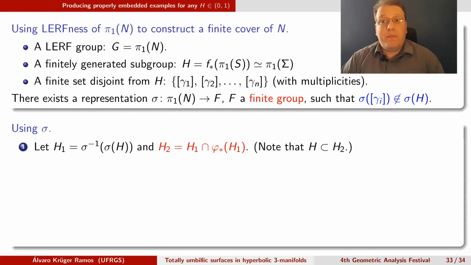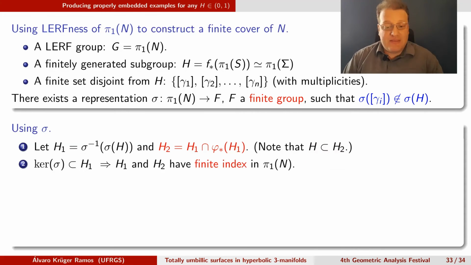Basically that's it. Now we make the intersection of this subgroup with the reflection of this subgroup by the isometry. What happens is that H is contained in H2 because obviously H is contained in H1, but also H is invariant under phi star. So H is contained in H2, and this is going to be really important. But then the kernel of sigma has to be contained in H1 because you were taking a pre-image of a subgroup.